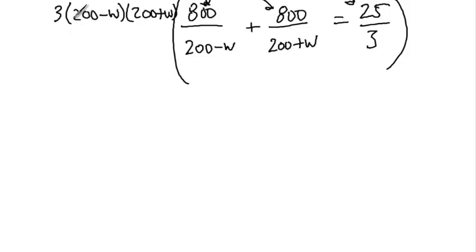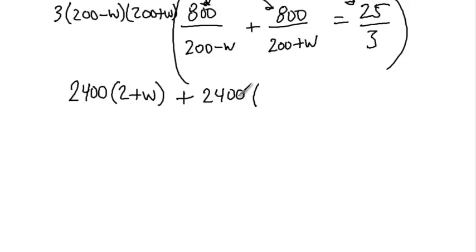So we're going to have 3 times 800, which is 2400, times 200 plus W. Plus, then when we distribute here, the 200 plus W's are going to cancel out. So we have 3 times 800, which is still 2400, times 200 minus W equals, over here, just the 3's cancel out.